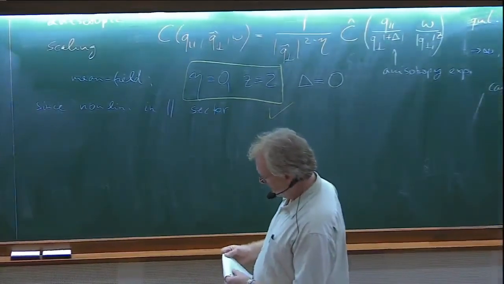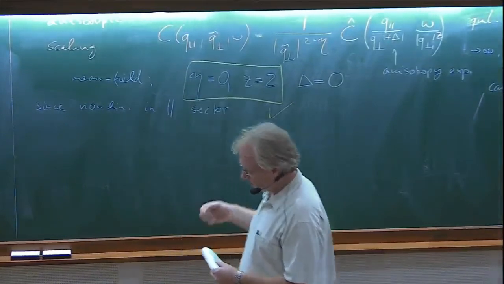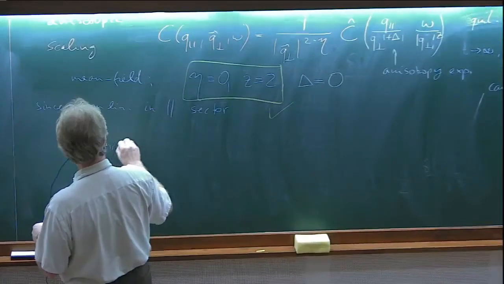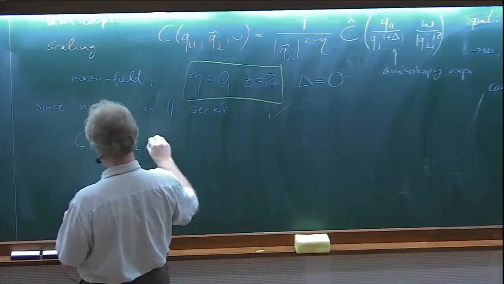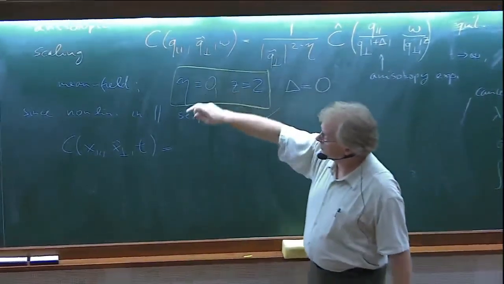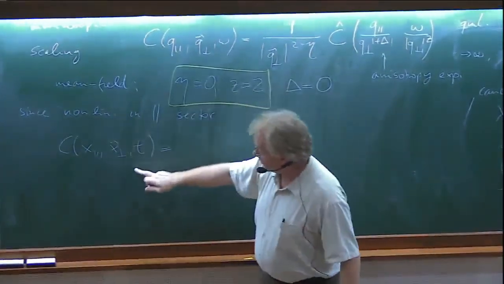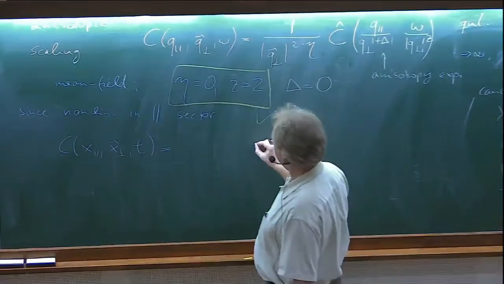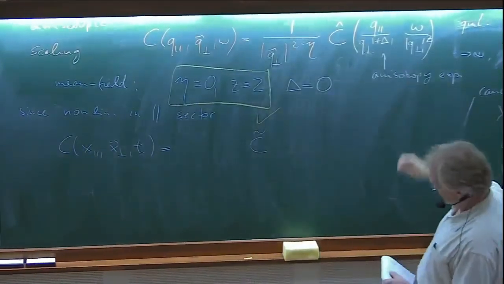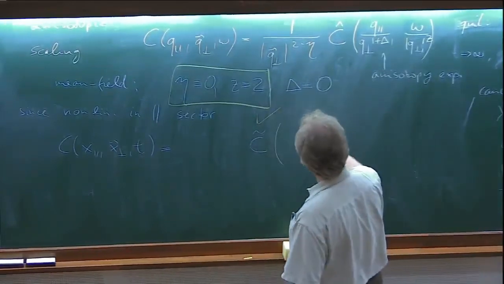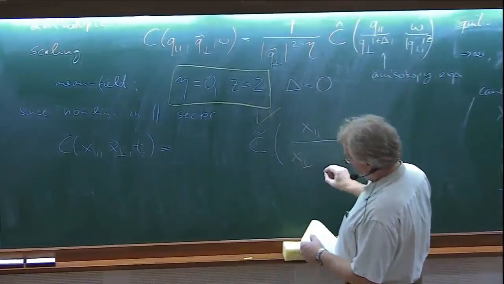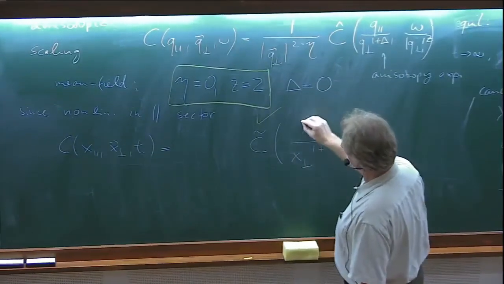Okay? Let me redefine things so it's a little more interesting. So let me do a Fourier transform into spatial coordinates and time. So I'm going to pick up a scaling function I'm going to call C tilde, which is coming from the Fourier transform of this. So instead of Q parallel over Q perp, I will have X parallel over X perp, and that comes with 1 plus delta.